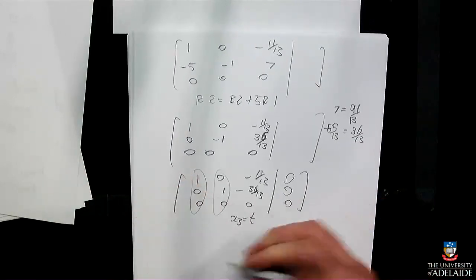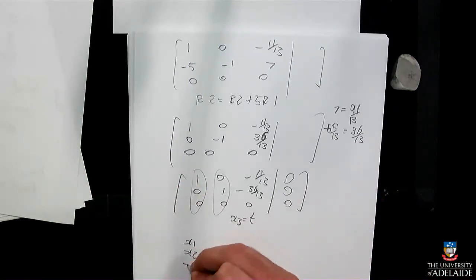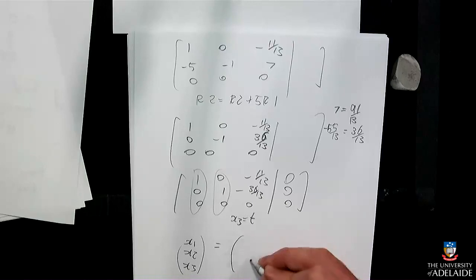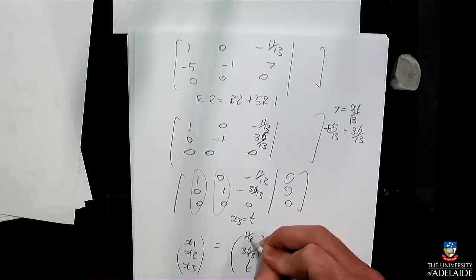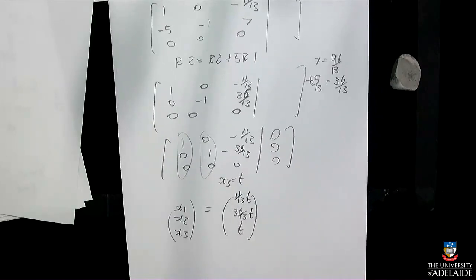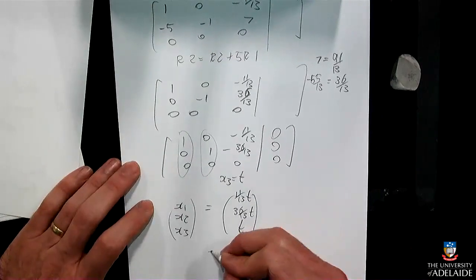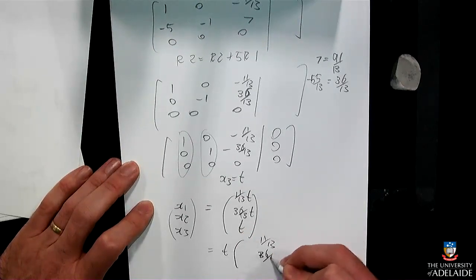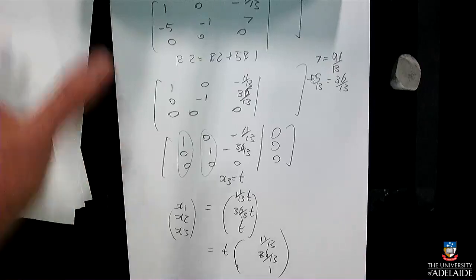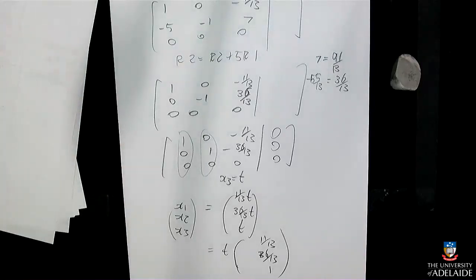And so I'm going to get that x1, x2, x3 is t and 36/13 times t and 11/13 times t. And so I get that. It wasn't that painful. It's all right.